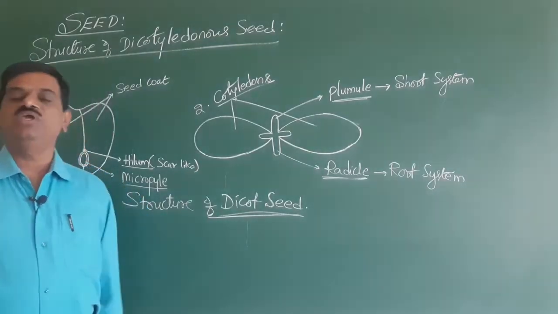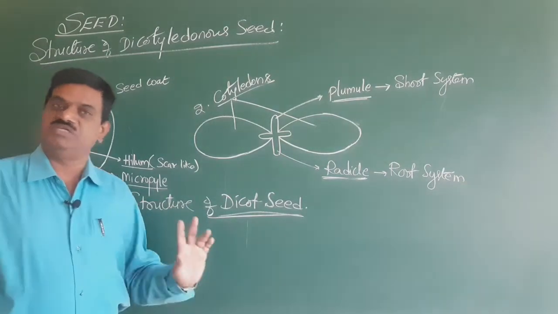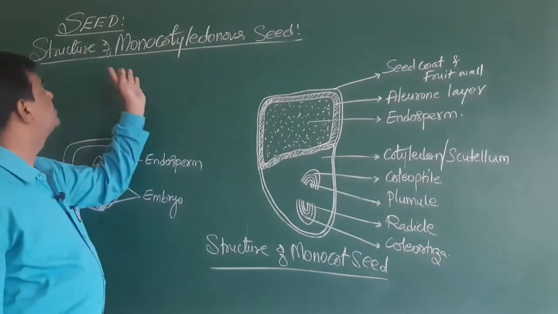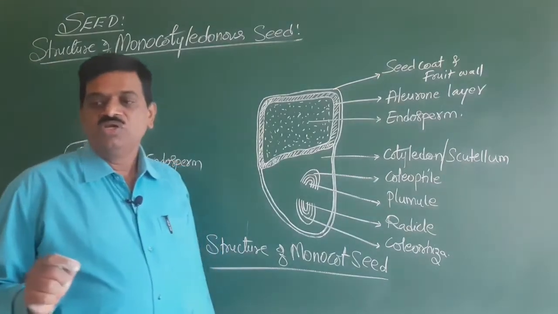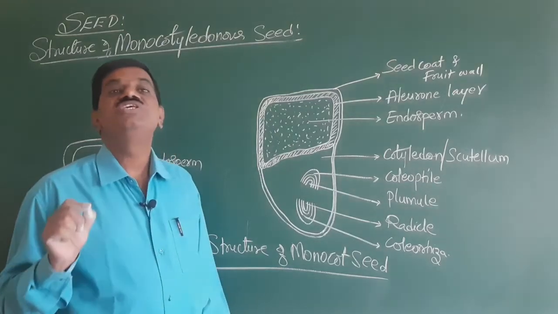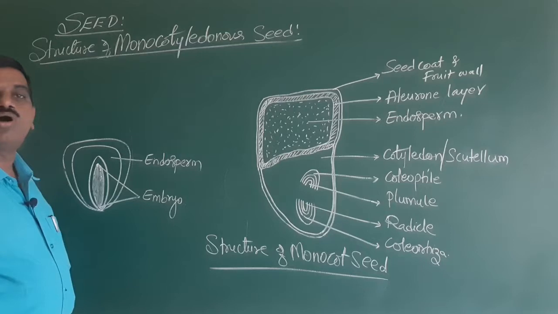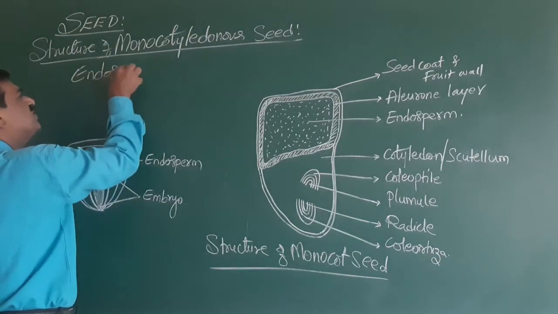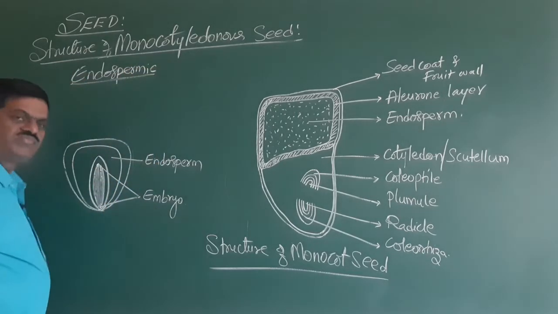Now we are stepping into the next one, the structure of a monocot seed. We start with the next heading, structure of monocotyledon seed. We know that monocots have a single cotyledon. The majority of monocot seeds are endospermic.